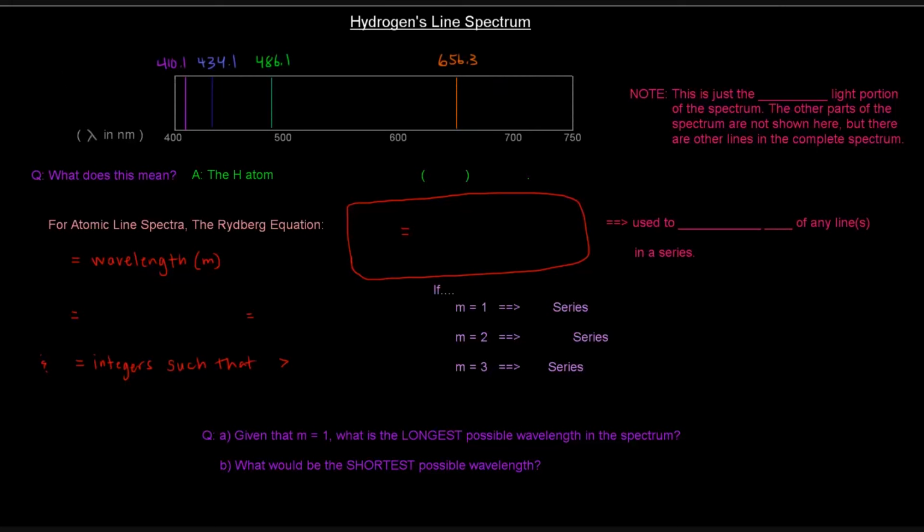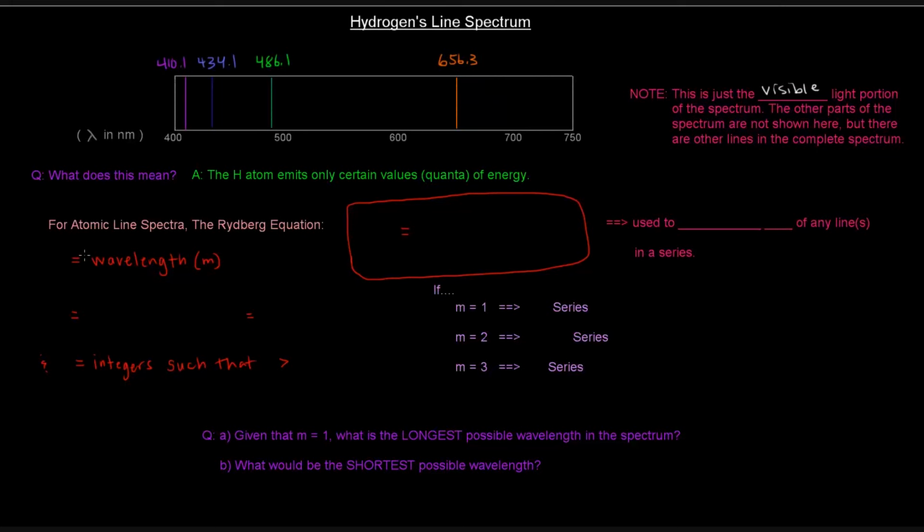Now notice that I only put the visible portion of the spectrum here. There are other parts of it that are just not shown for simplicity's sake. So the question is, what does this mean about this hydrogen line spectrum? What's the point of this? Well, what this means is that the hydrogen atom emits only certain values, or certain quanta, of energy that correspond to these different wavelengths and colors.